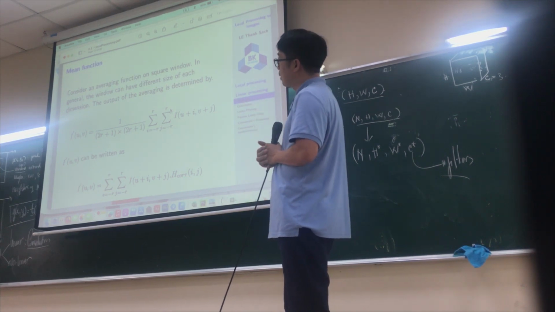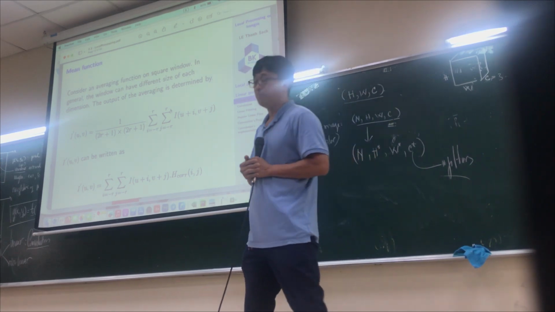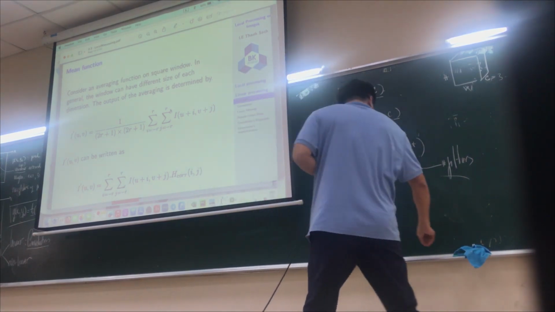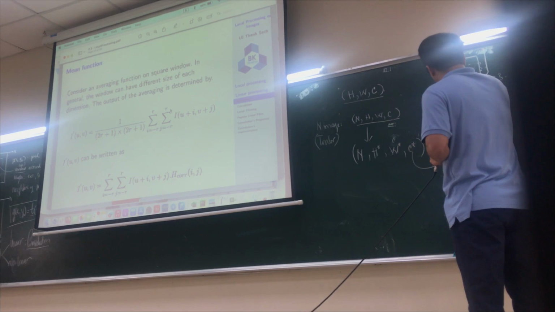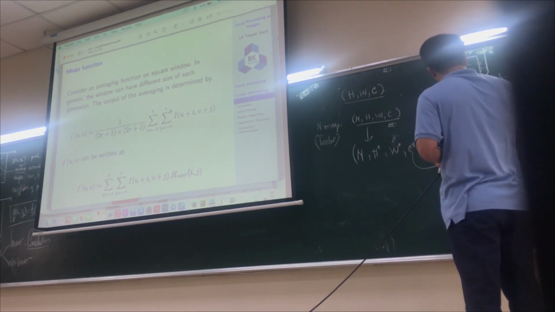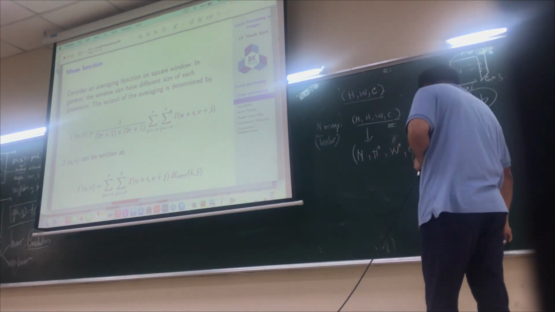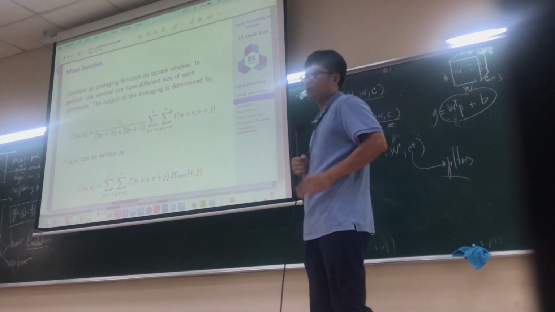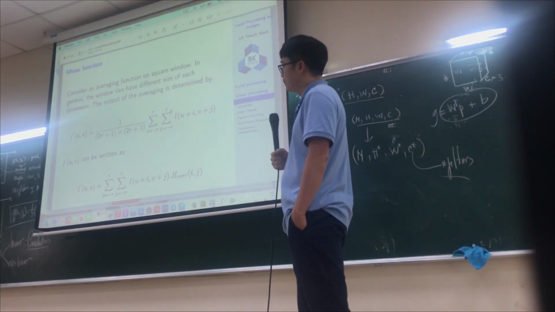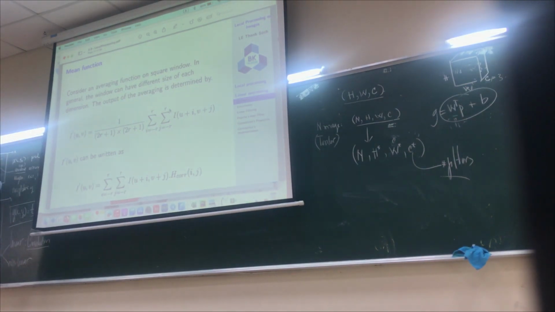Why do they call it the average or mean filter function? Because output equals W times P, right? For example, the pixel here equals the average of the pixels inside the local area.